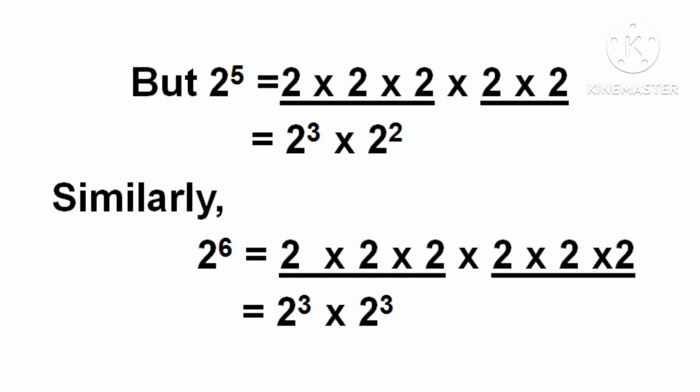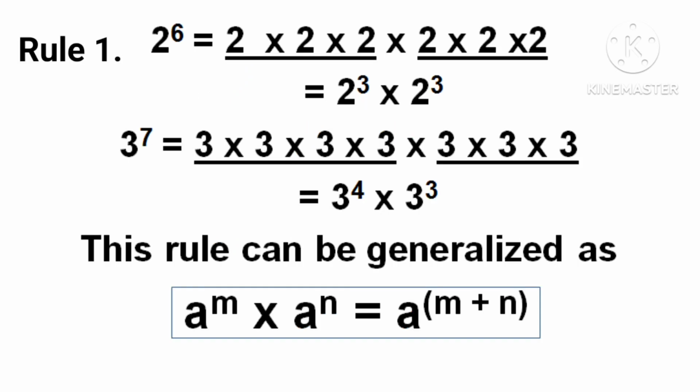Similarly, 2 raised to 6 can be written as 2 raised to 3 multiplied by 2 raised to 3.